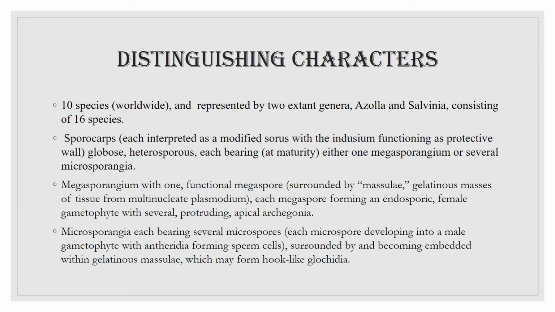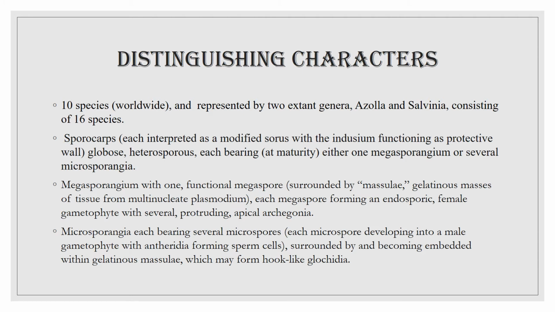There are 10 species worldwide, represented by two extant genera, namely Azolla and Salvinia, consisting of 16 species. The sporocarps are each interpreted as a modified sorus with the indusium functioning as a protective wall, globose.